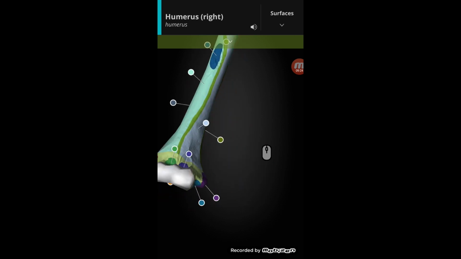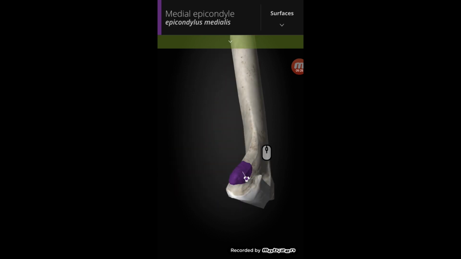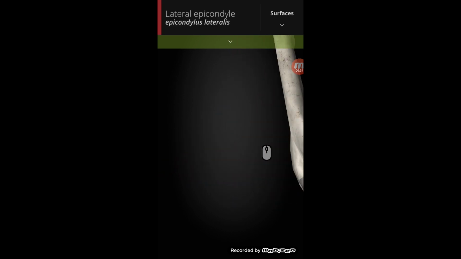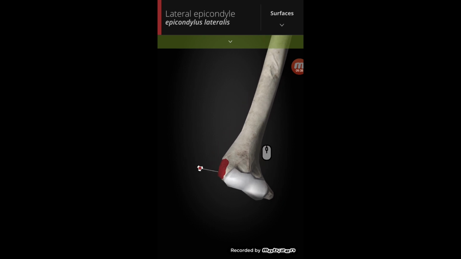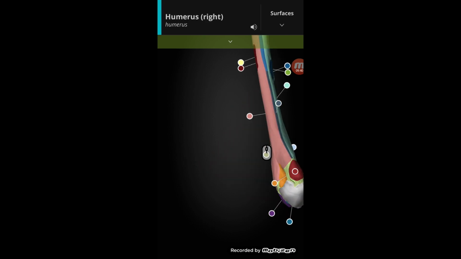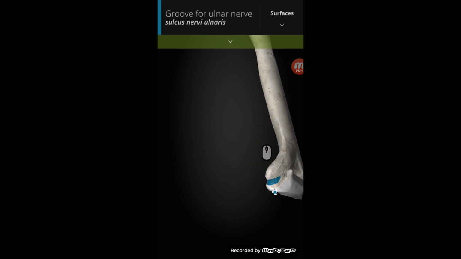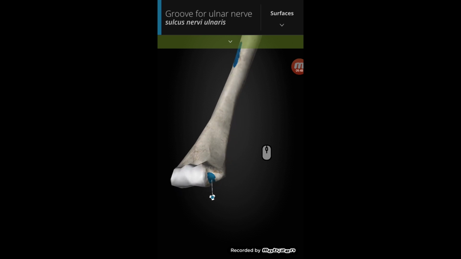The lower part of the humerus consists of two epicondyles, the medial epicondyle towards the medial side and the lateral epicondyle towards the lateral side. This is the lateral epicondyle. And here there is a depression behind the medial epicondyle which gives a passageway for the ulnar nerve.